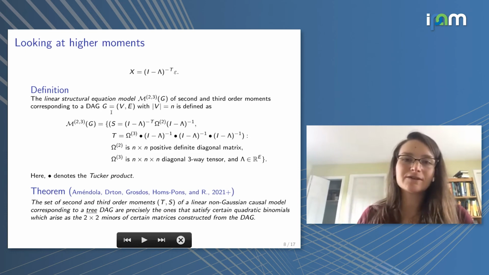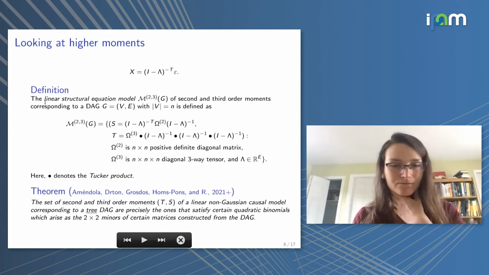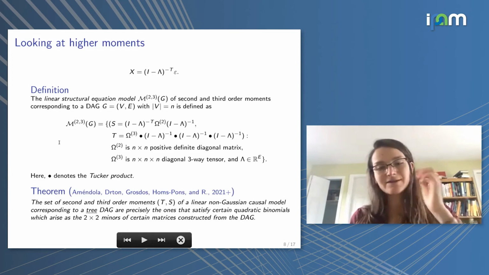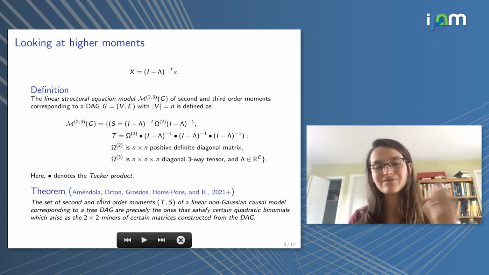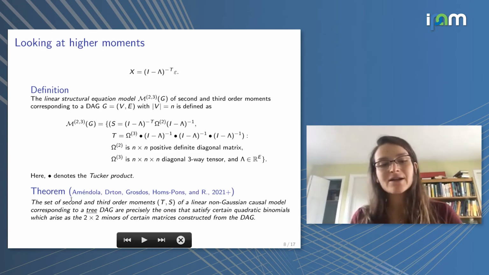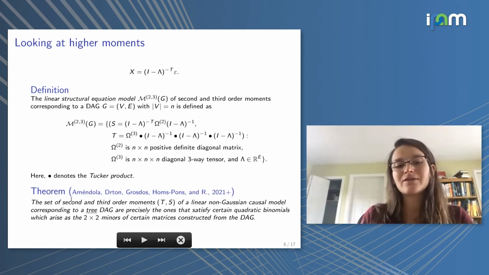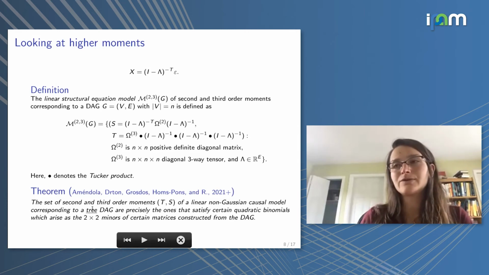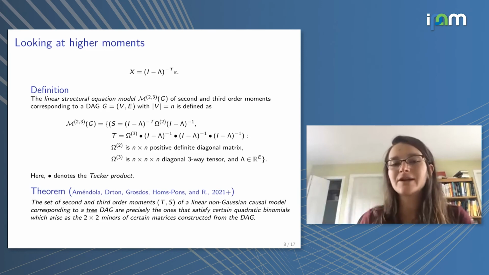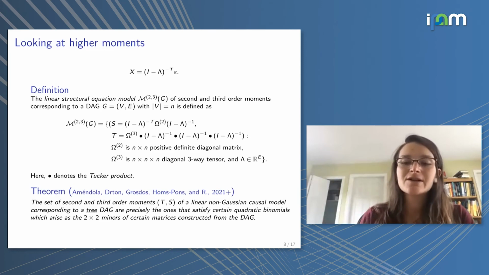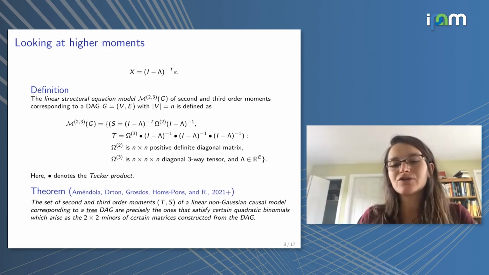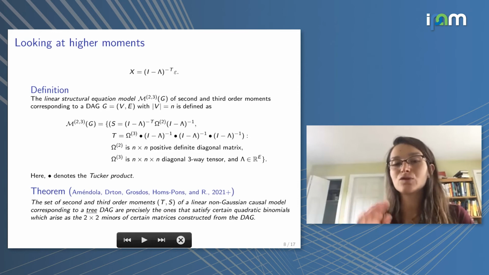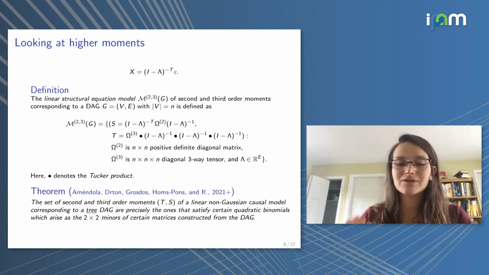We studied this set of second and third order moments, and we show that this set is an algebraic variety, and we can find all of the equations in the case when this DAG is a tree. So if you remove all directions, then the underlying undirected graph is a tree. These are very nice equations because some of the entries of S and T have to be 0, and certain 2x2 determinants of a matrix have to be 0.